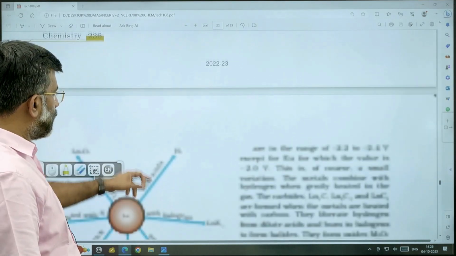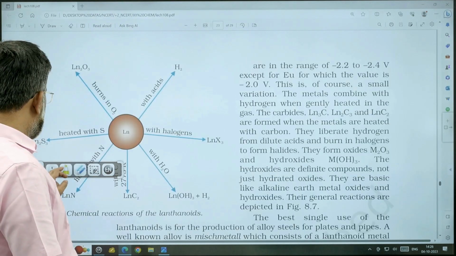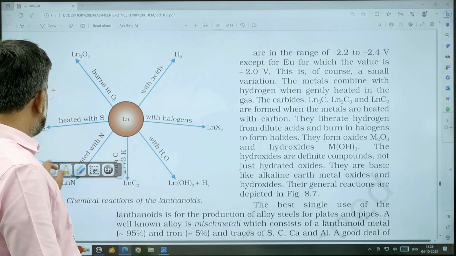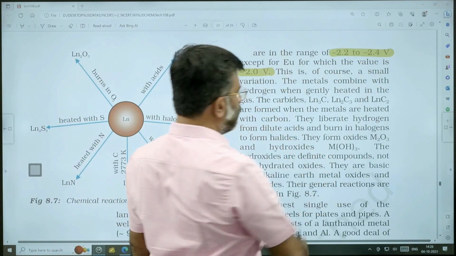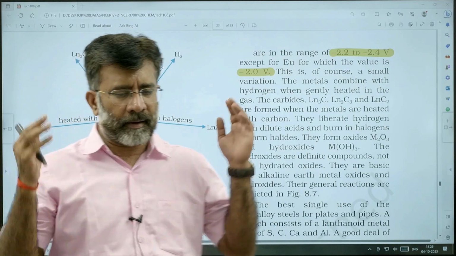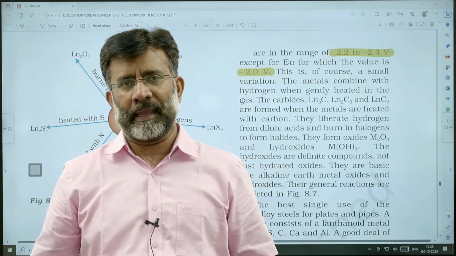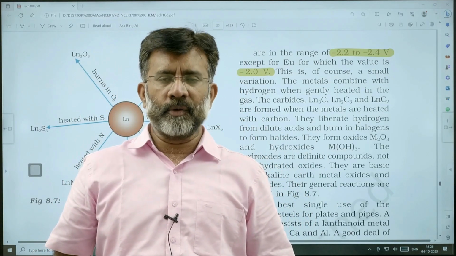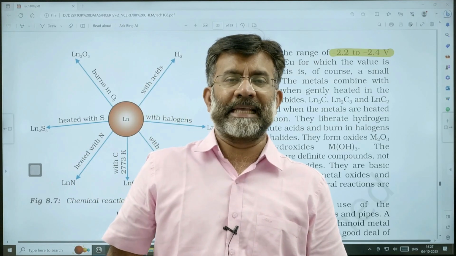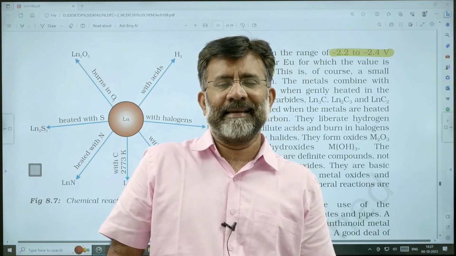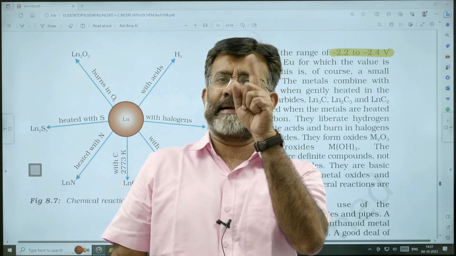It is highly negative, like minus 2.2, 2.4. That means they are good reducing agents. They are active metals, like s block elements.